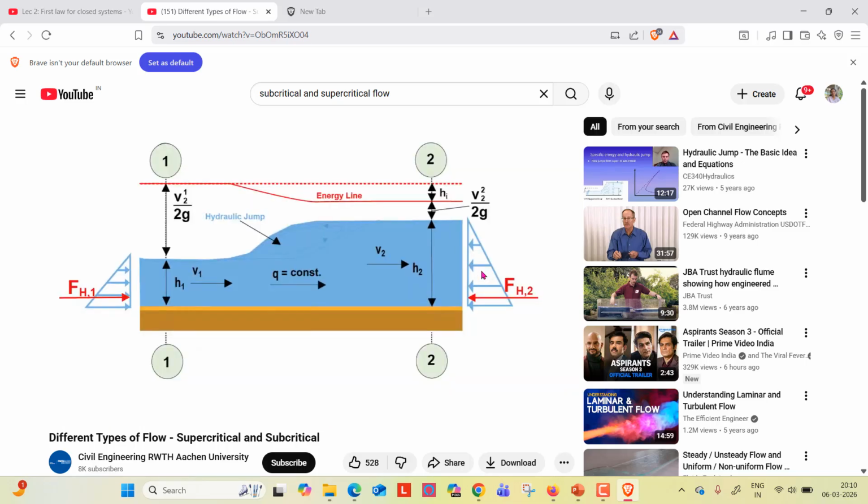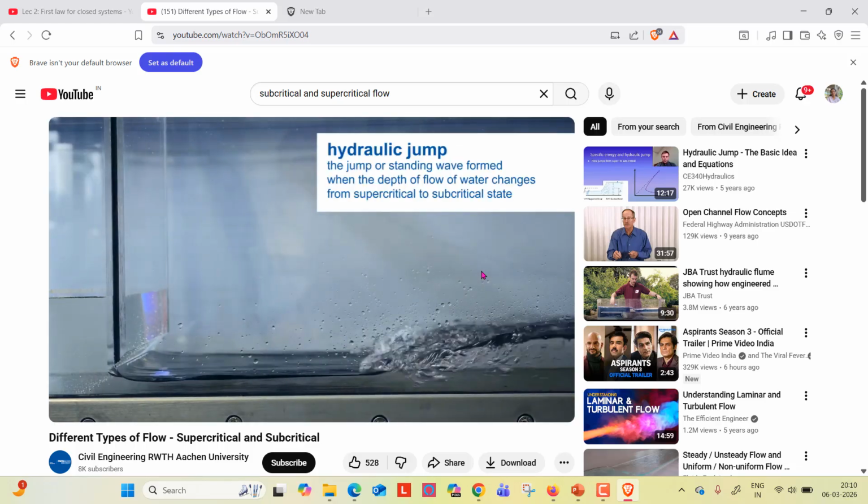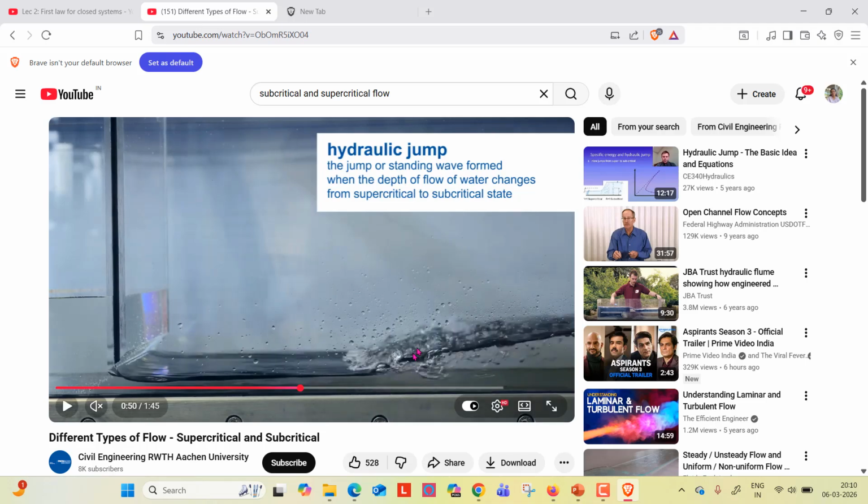Here you can see the hydraulic jump happening in this portion. The jump, or standing wave, is formed when the depth of flow of water changes from supercritical to subcritical state.